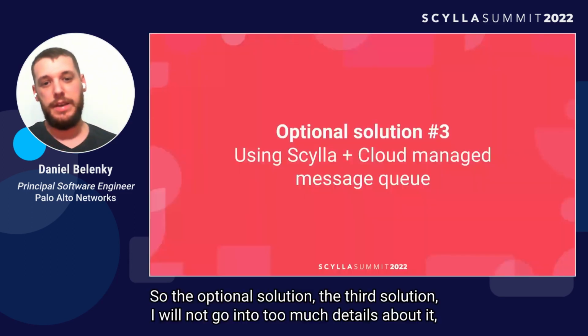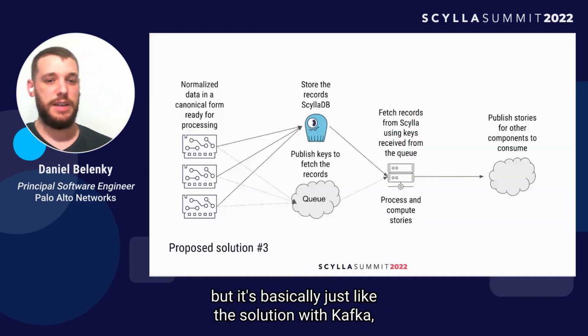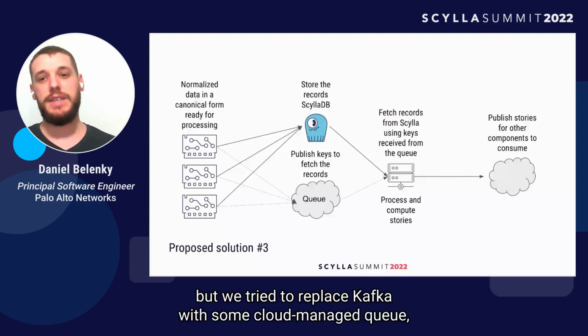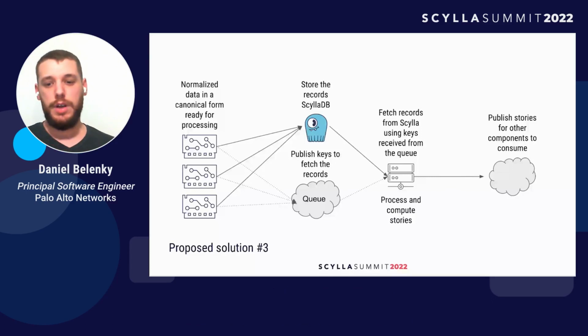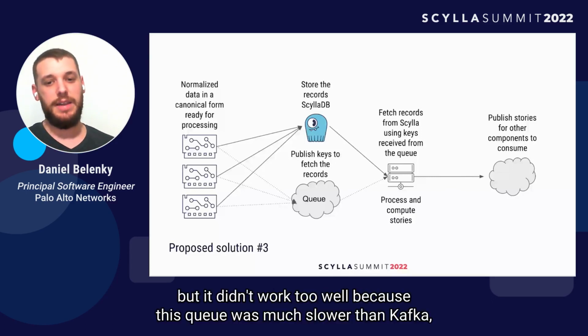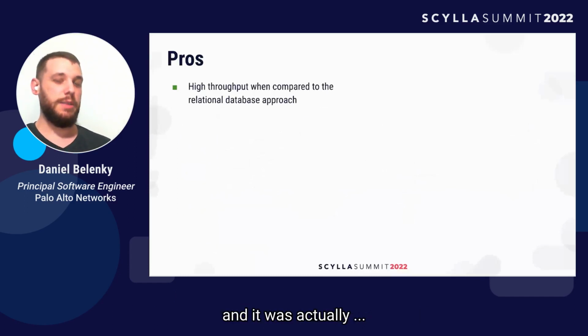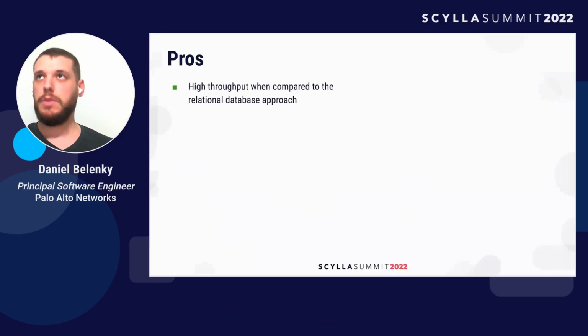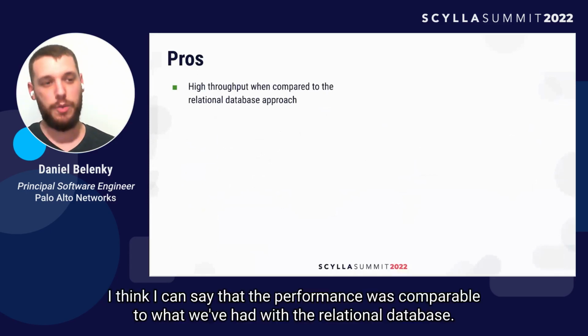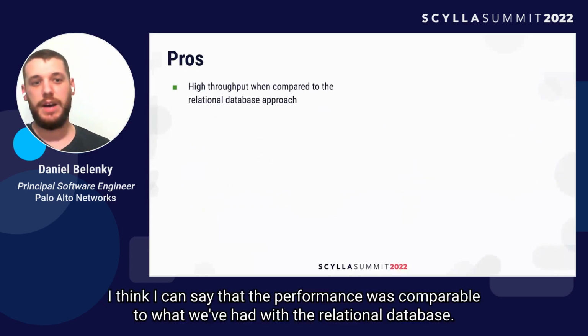So the optional solution, the third solution, I will not go into too much detail about it, but it's basically just like the solution with Kafka, but we've tried to replace Kafka with some cloud managed queue. But it didn't work too well because this queue was much slower than Kafka, and I can say that the performance was comparable to what we had with the relational database.